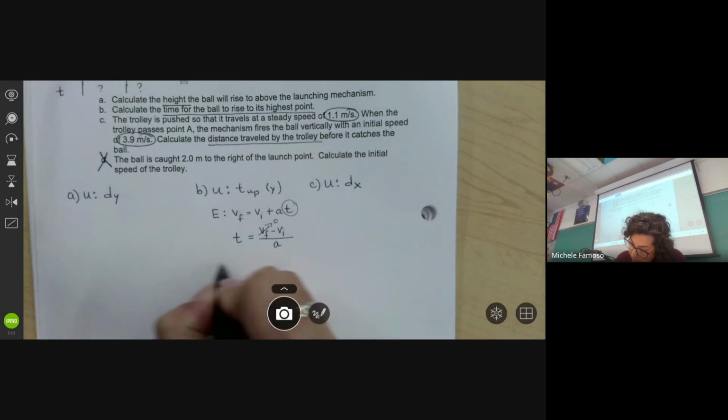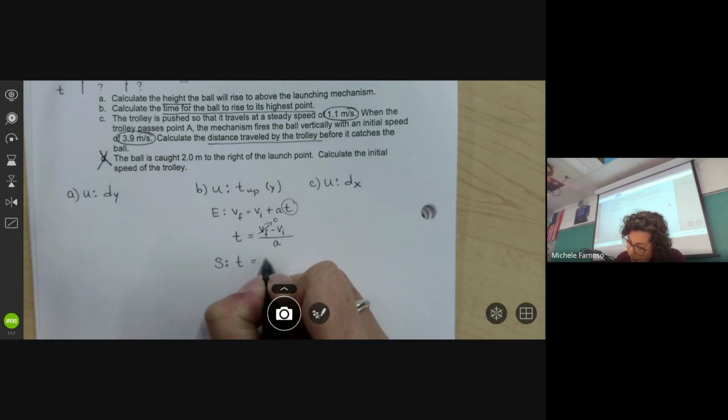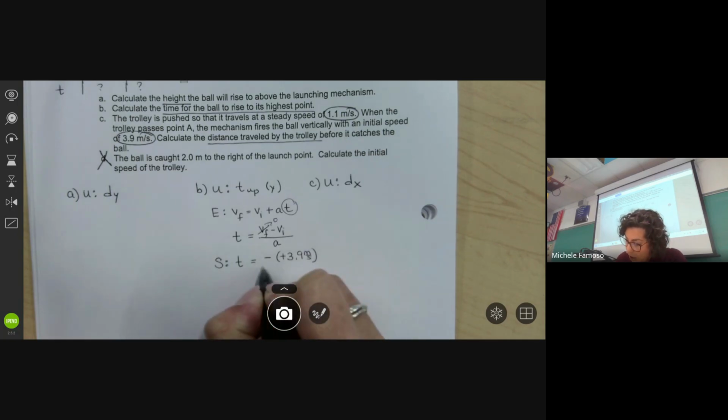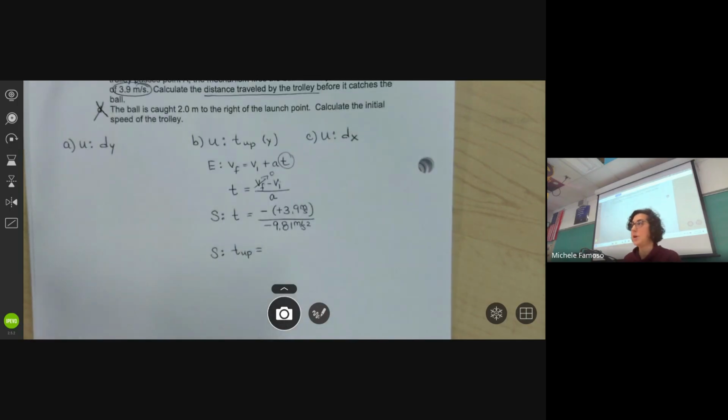All right, so now we're going to do our substitution with units. So the time would be negative of positive 3.9 meters per second all over negative 9.81 meters per second squared. And this is just going to give you the time going up, which is what they asked for. A minute to solve it.